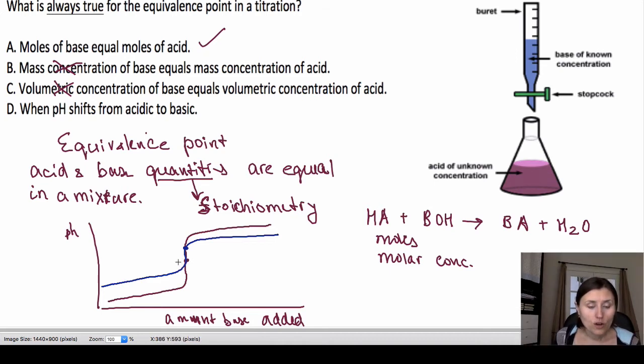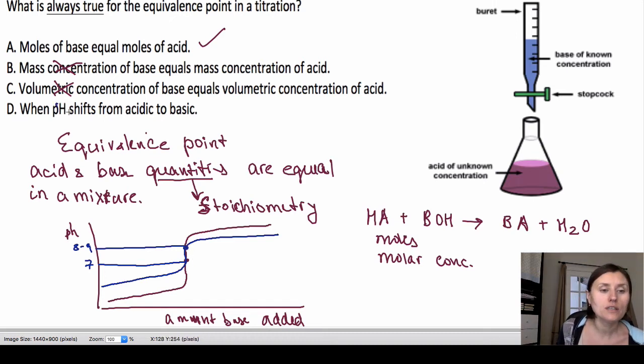For strong acids and bases, the pH where it switches might be 7, but for weak acids and bases it might be 8 or 9. Technically 8 is a basic pH, but the weak acid or weak base is just achieving its equivalence point. That's why option D is incorrect. So the only correct option here is option A.